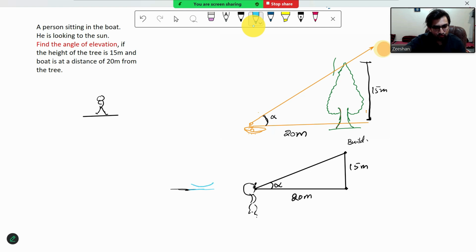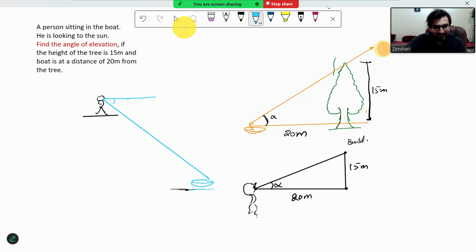So there is a boat, and that person is looking to the boat. Okay. And the straight line here is that one, that is a straight line. I will make a dotted line.